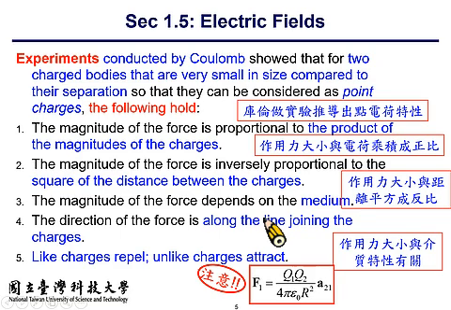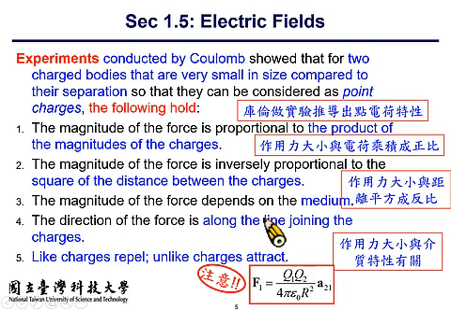All right. So we know that the electrical force is associated with material property. For electrical force, the property is permittivity. How about 4 pi? Does that ring any bells? 4 pi is associated with geometry.